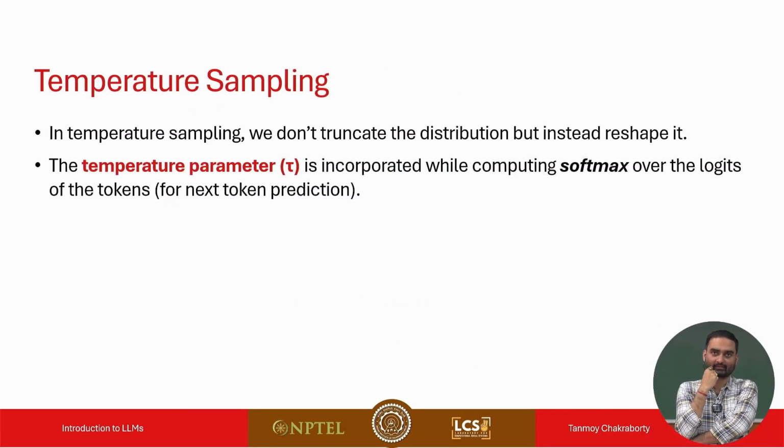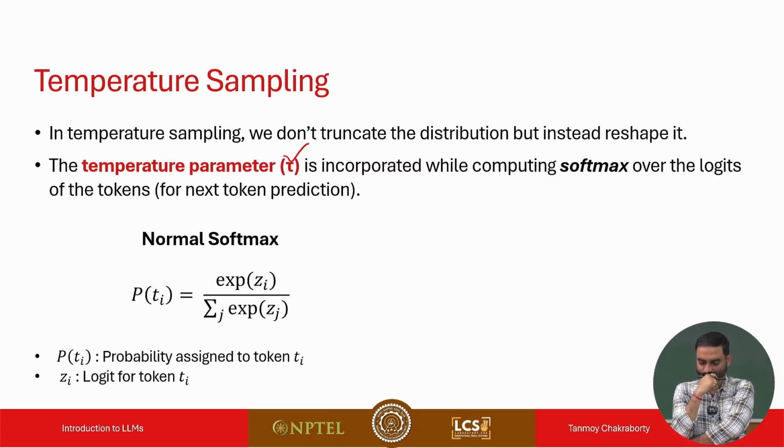The remaining one is temperature sampling, and this is very simple. In temperature sampling, we do not truncate the entire distribution. It's not like from the distribution I choose top 3 or top 4. Here I use a new hyperparameter, the temperature parameter called tau.